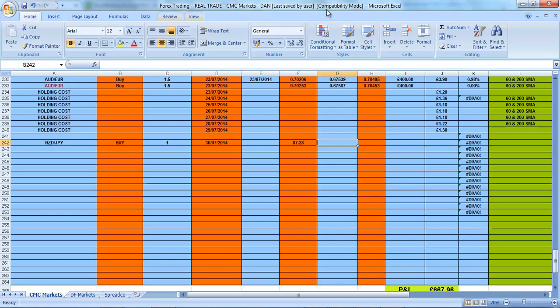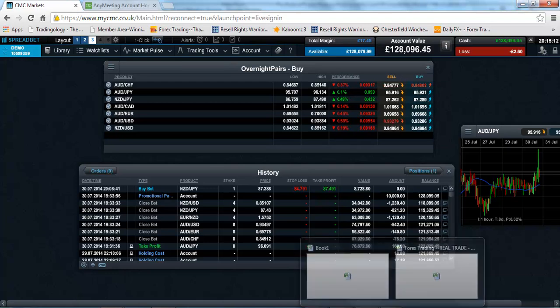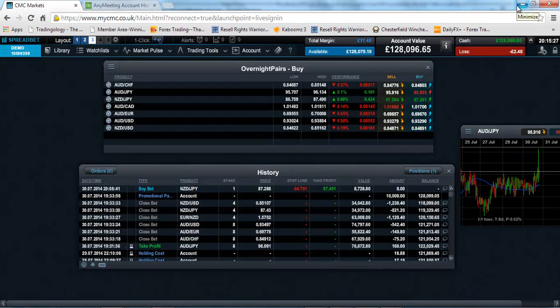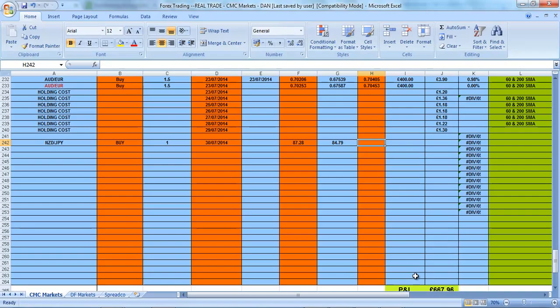And then we look at the stop loss, and the stop loss number it has given us is 84.79. So again, we put in 84.79, and then we look at the take profit number that it has given us, and it's giving us 87.49.